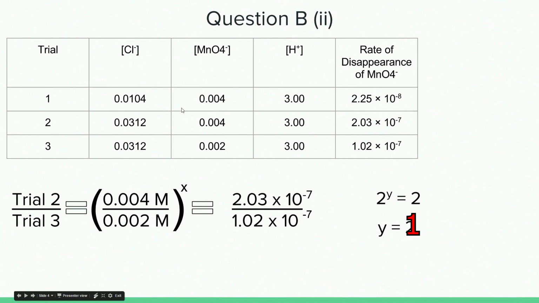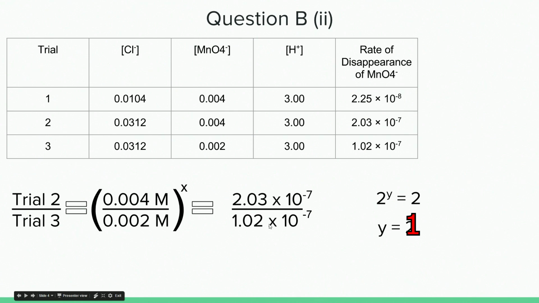Now we determine the exponent of MnO4 in the order of the reaction. Just as we did in the previous problem, we have to find two trials with the same molarity of Cl minus but a different molarity of MnO4. Trials 2 and 3 have the same molarity of Cl minus and a different molarity of MnO4. I put trial 2 on top this time because this number is larger than this one.